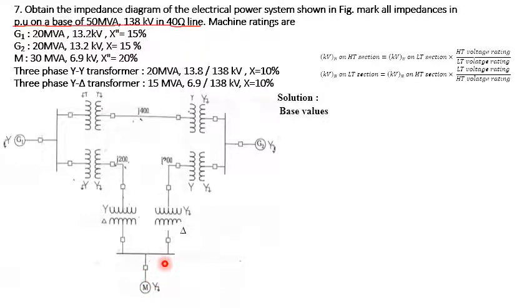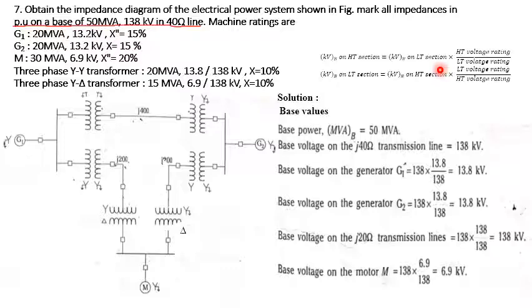Then this is the conversion equation, which is required to understand the concept. Okay, let's see, what is the base value? Earlier we considered the generator as the base. Now we don't have that option because they have mentioned in the numerical 50 MVA, 138 kV, 40 ohm line.